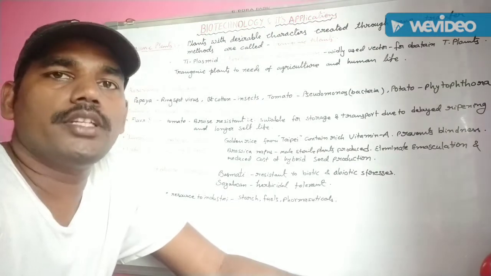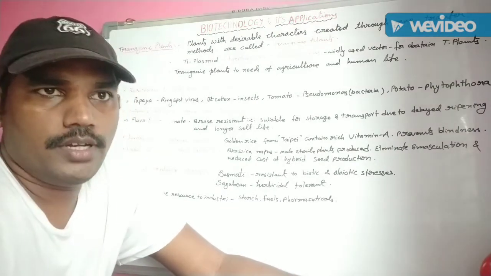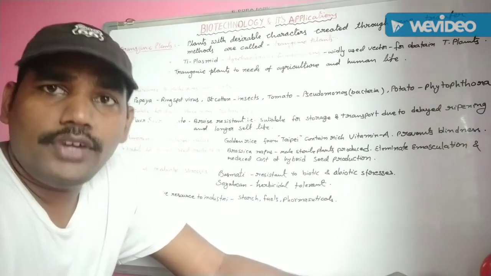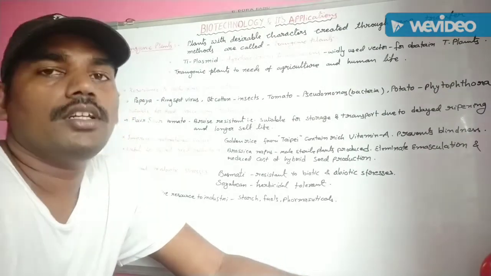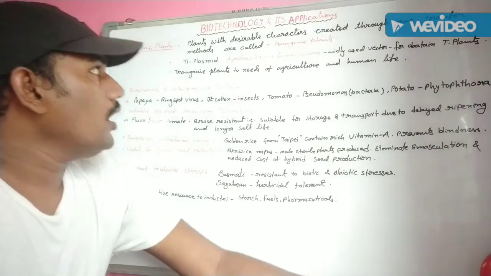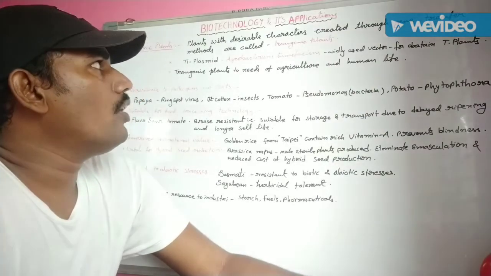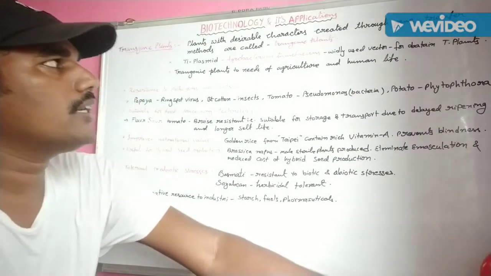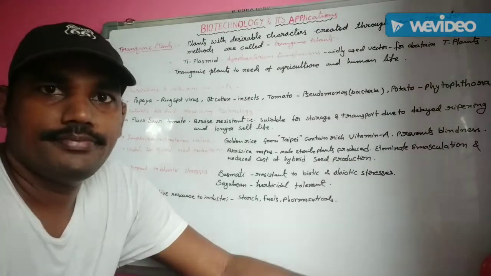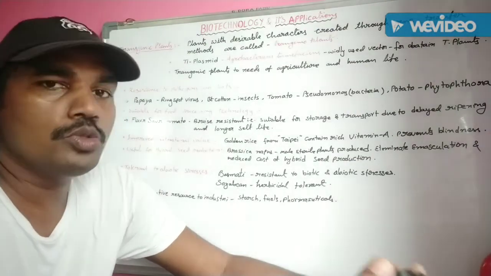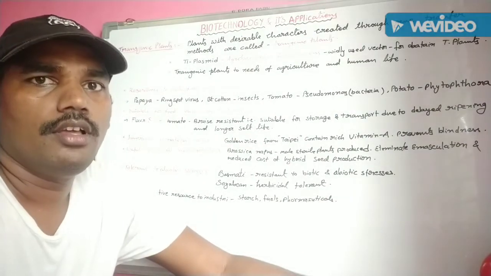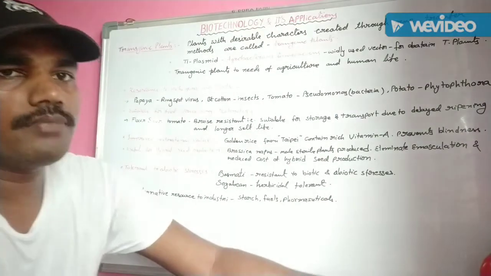Gene transfer method is known as transgenic plants. Different types of methods are involved in this transgenic plant formation. Desirable characters, wanted characters, are created through gene transfer method. This is known as transgenic plants.